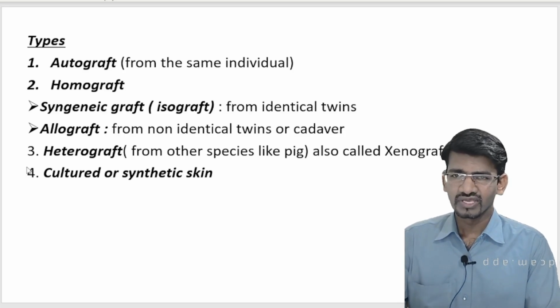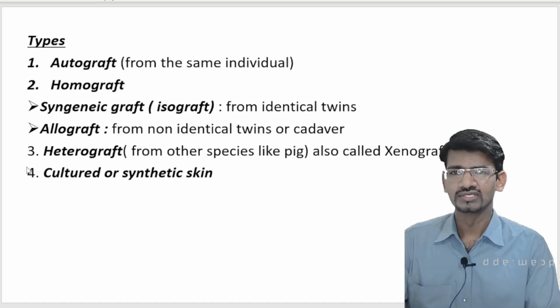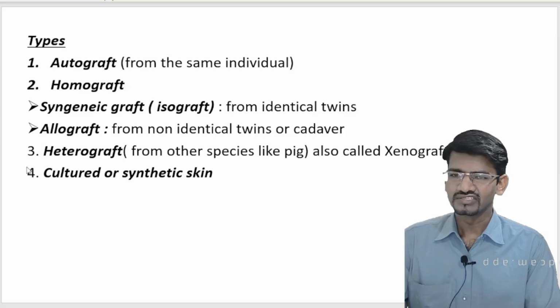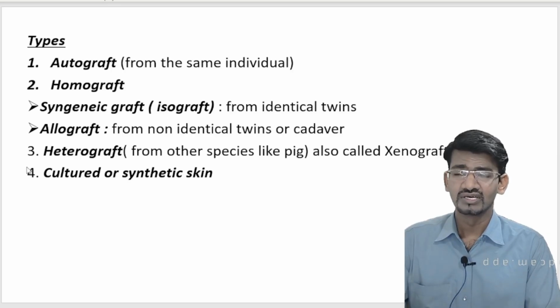So actually we have a classification based on two types. One is the source, from where we extract the skin, or from where we take the skin. That is one classification, that is by species, as we can call it. Another classification is based on the thickness, meaning how much thickness of the skin we will extract from either the patient or from the other species.